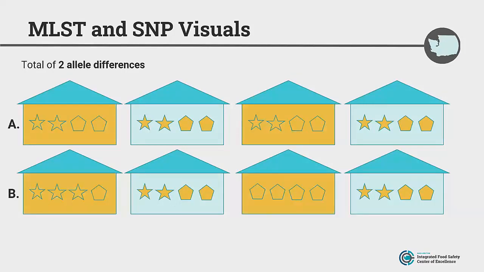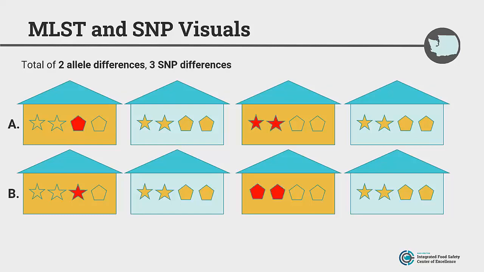If we look at allele differences, you can see that in the first house there's a difference. The second 2 are identical. The third, we have different patterns. The fourth is identical. So this would be a total of 2 allele differences between these 2 sequences.